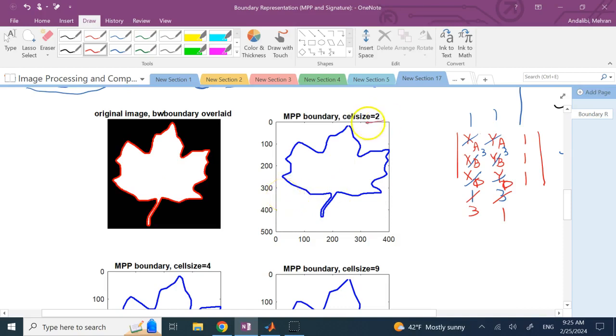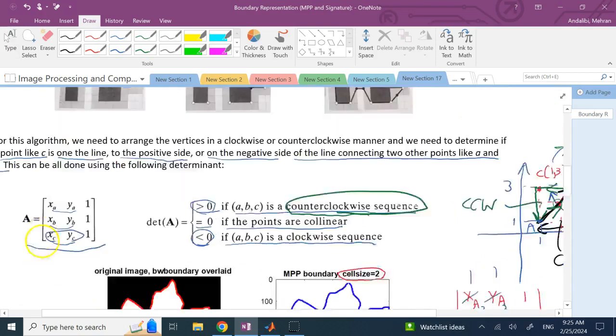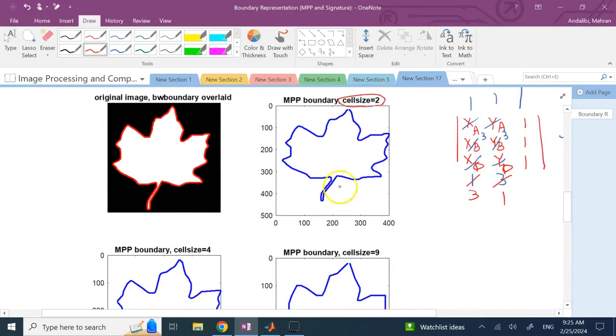So here the cell size is 2, like bare minimum. Basically, you're only going with 2 pixels width for those gray areas, which is the smallest you can go. And you can see that the shape of the polygon is very, very close to the actual edge map.